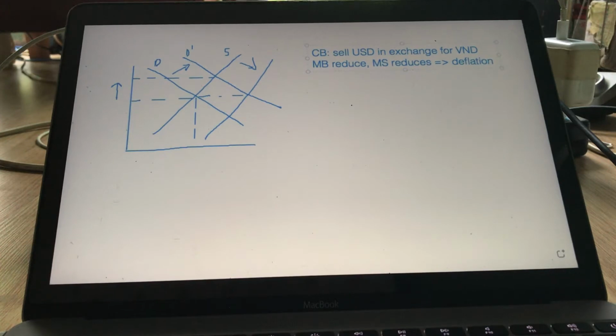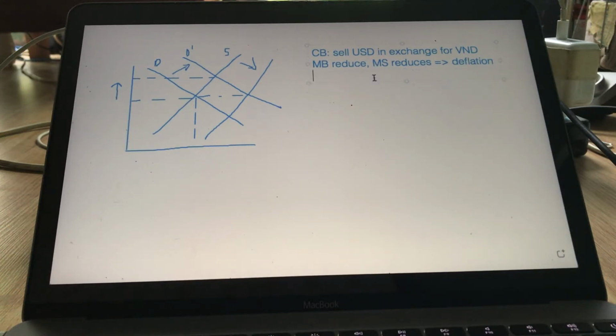But when we have a big deflation, the firms don't want to produce. In both cases, if the rate is high, both are not good for the economy.